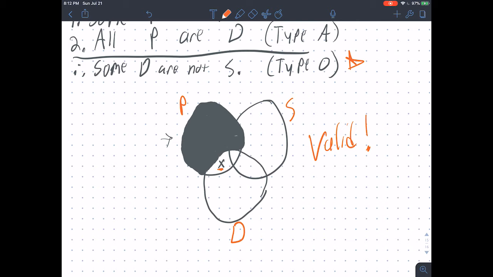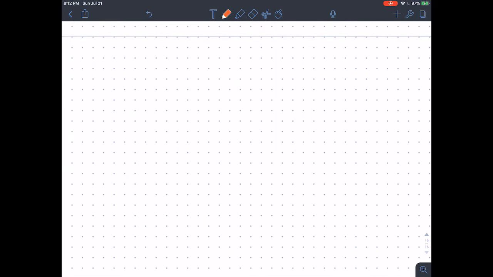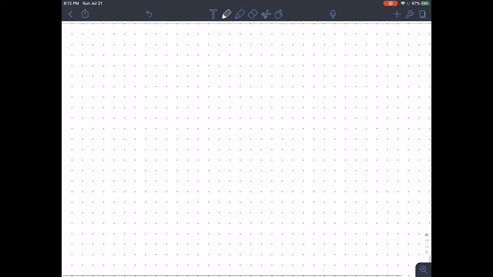Cool. I'm just going to go through and do another one. Again, this is remarkably straightforward. There's nothing tricky about this. Just remember to shade before you put in the X. Okay? So again, another syllogism, just another example from the book. So no pies are disgusting.